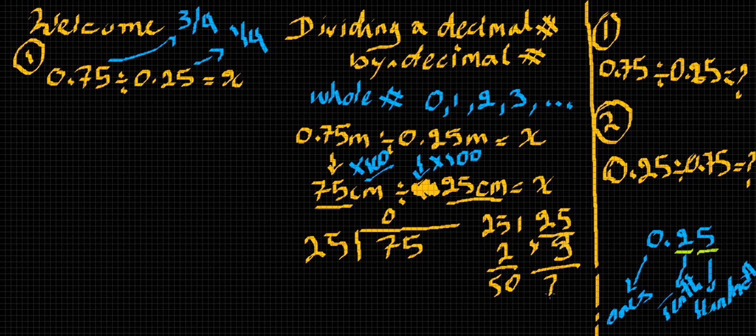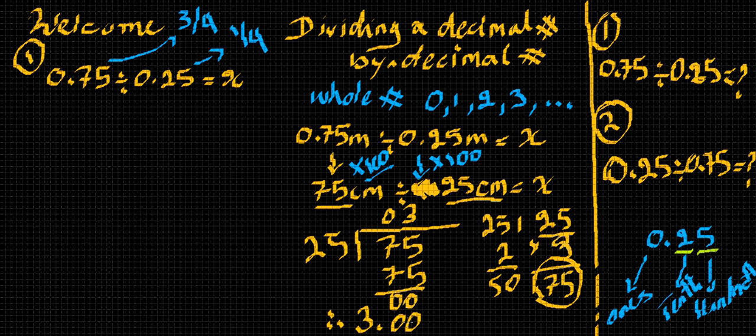If it's a 3, it will give me 75. And this is the number that I need, right? So I'm going to put 3, and I have 0 as a remainder. Therefore, the answer to this is 3, since we have 2 decimal places.